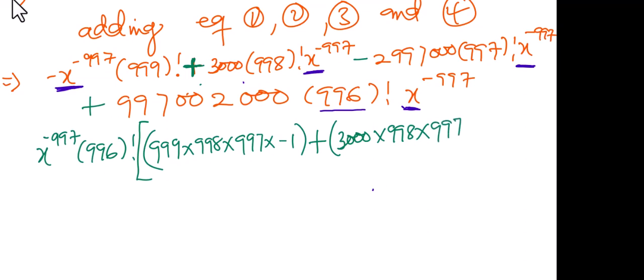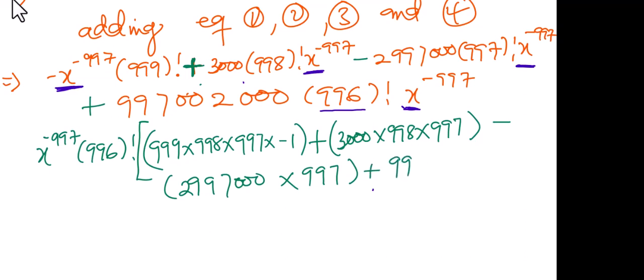Already we've taken the 996 factorial out, then minus 2997000 times 997, then plus 997002000.